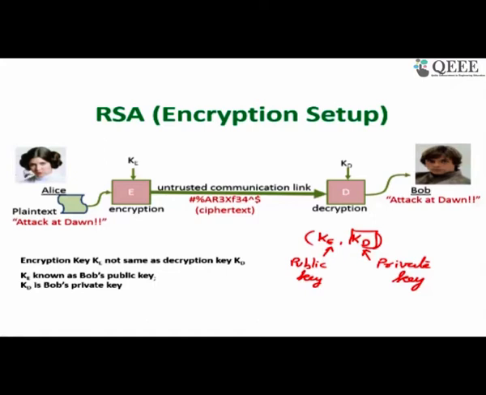Alice, who wants to communicate secretly with Bob, would go to Bob's website, pick up the KE which he has advertised, that is Bob's public key, and she would pass her message through the encryption algorithm with the public key to get the ciphertext. Note that once it is encrypted, there is no way to decrypt the ciphertext unless you have the corresponding private key.